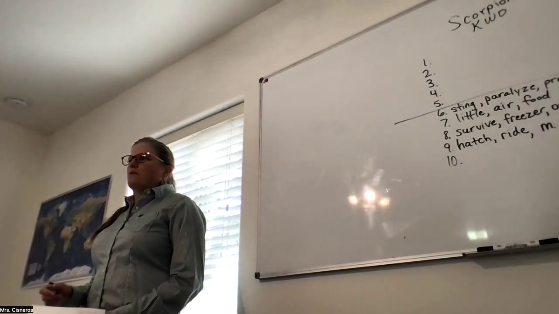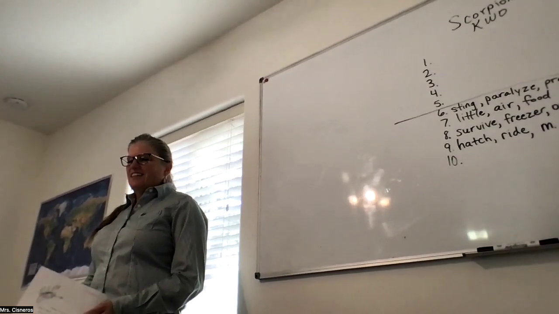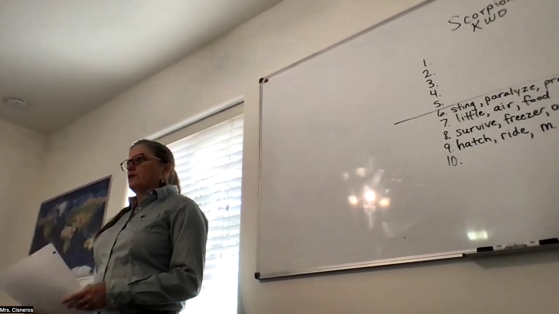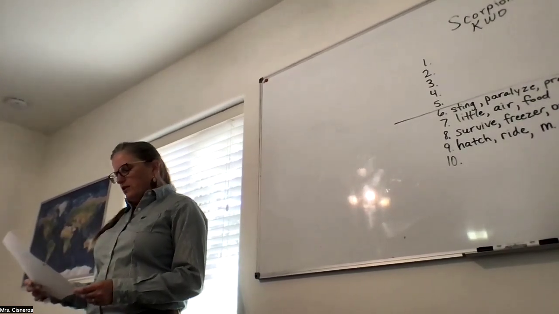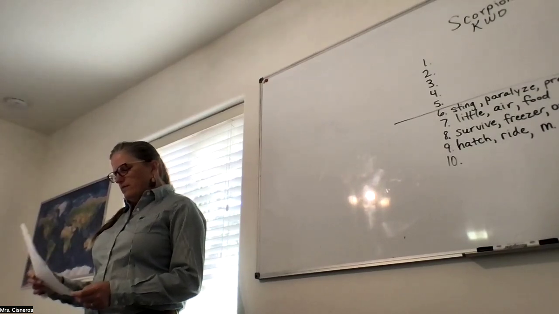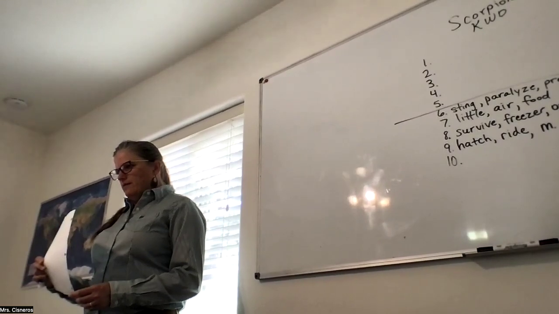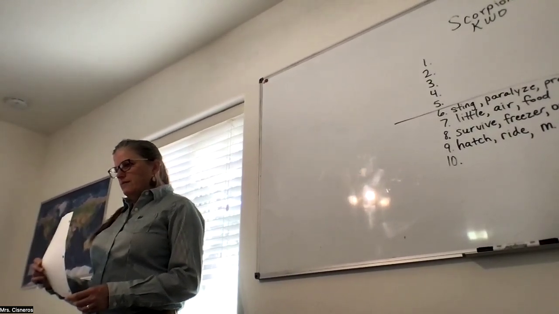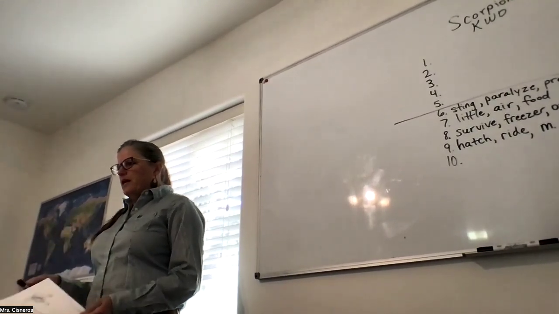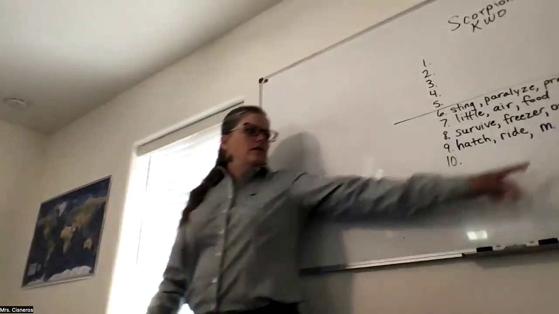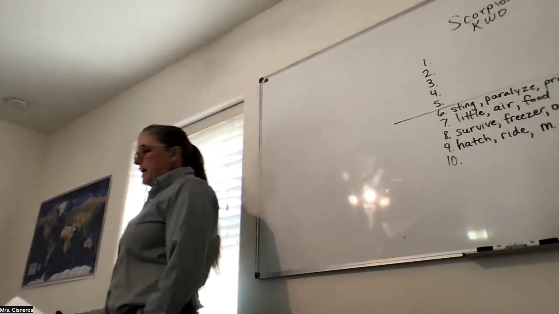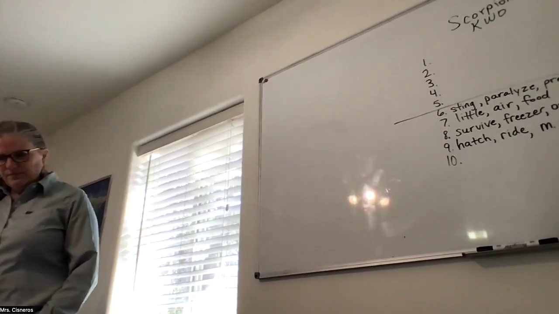Just make sure you remember what it means. And the other thing is you can always look back on the original to just double check it too. M stands for mother's back. It's on her back. Mother. Yes.